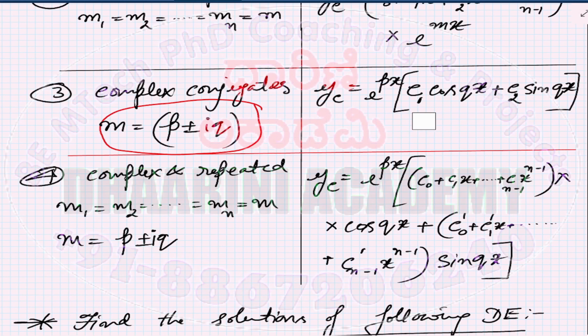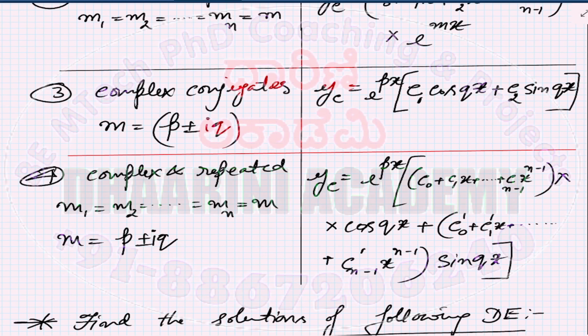I am supposed to write e to the power px, but in this case the p is 0. Since that is equal to 0, I am not going to write that, right? But q is there. I still have a q value for this particular problem, so we can write that.